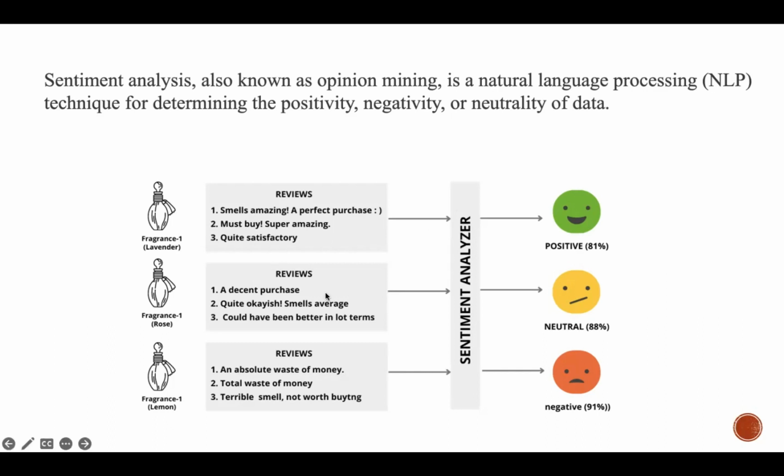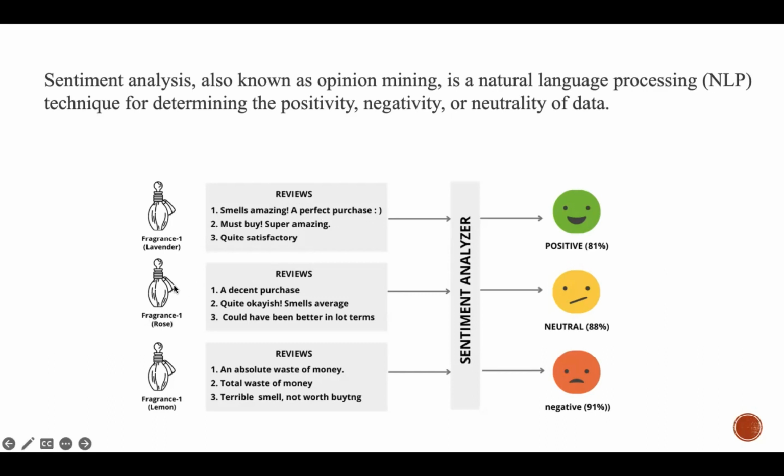So let us take this picture. Here you can see a schematic representation of sentiment analysis of three different fragrances of perfumes, that is lavender, rose, and lemon. Now, if you see fragrance one, based on the reviews, we can say that it comes under the positive category because it has highly positive reviews, which indicates that your company can increase the price of this perfume as it has more demand.